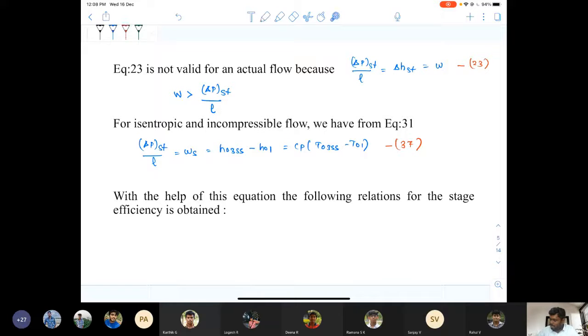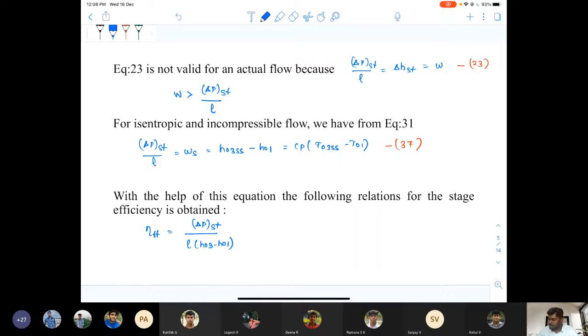Now, with the help of this equation, the following relations for the stage efficiencies are obtained. That is, by using this equation you can derive certain efficiency equations. The total to total efficiency, eta TT, is equal to delta P at the stage divided by rho into (H03 minus H01).